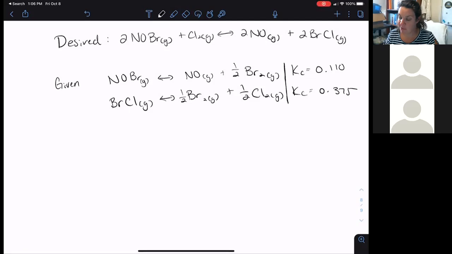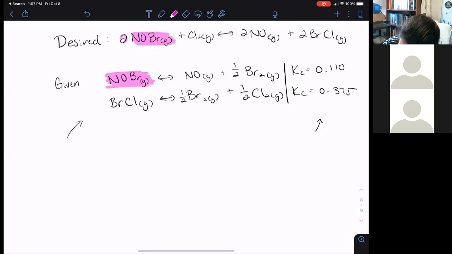And we want to figure out what we need to do to manipulate these in order to get to a desired equation. So we can see that this NOBr, we have it on the correct side. We just need to multiply this equation by 2.